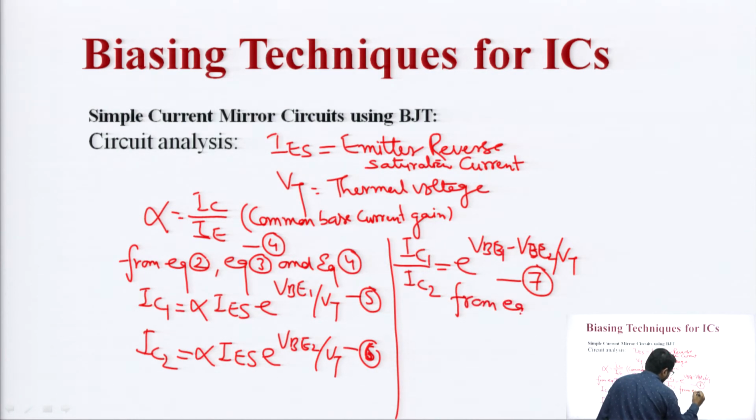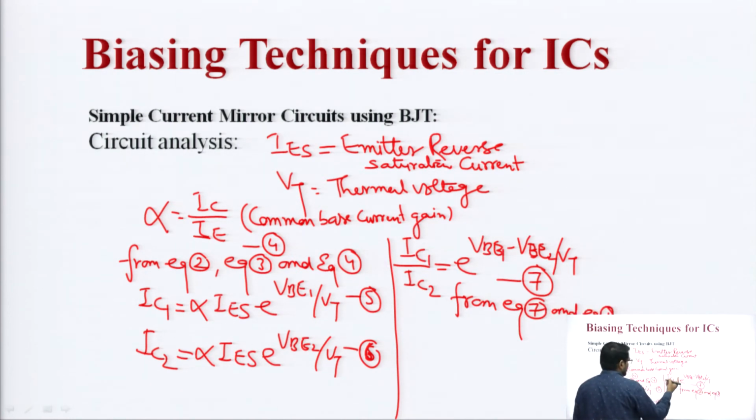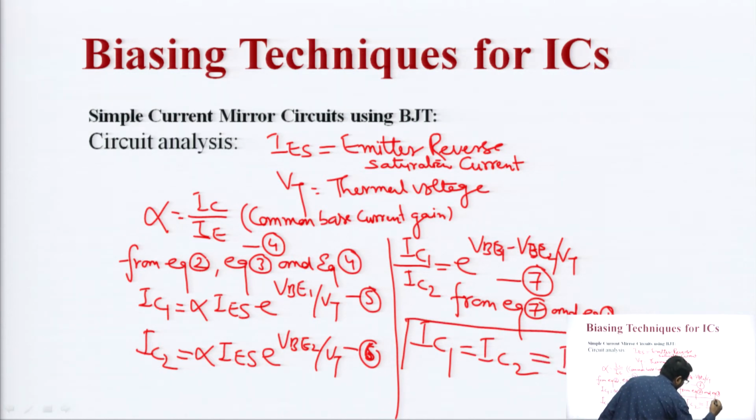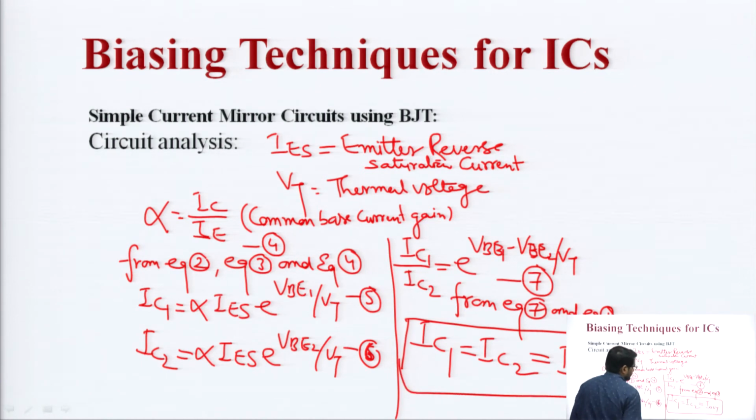From equation 7 and equation 1, VB1 equals VB2, so this cancels out, e to the power 0 is 1. It means IC1 equals IC2, and this IC2 is also I out. This is equation 8.